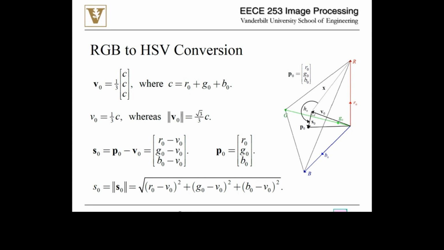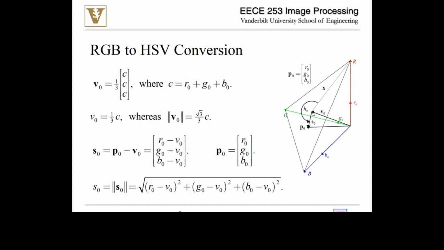And now you construct S naught, that is this subtraction. And then this is a vector, so you simply take the length of that vector. Okay, so these are things that you can very easily compute. So you are given a point, then you compute C, you compute V naught, you compute this thing.